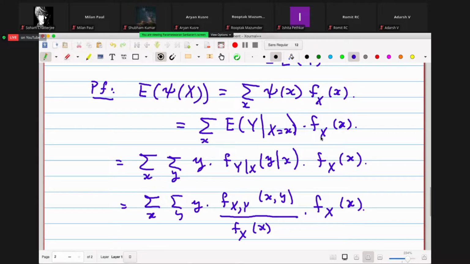This f_X, you mean? Yeah. That comes from, because the expectation of g(X) is equal to the sum over x of g(x) times the probability that capital X equals small x. That's exactly f_X of x. Oh, okay, sir. Yes, so this is the mass function of X. Got it. Thanks.